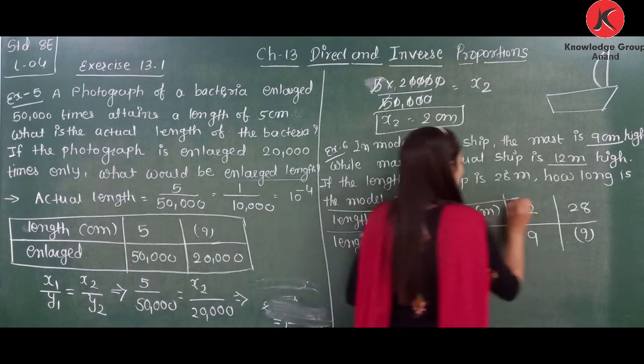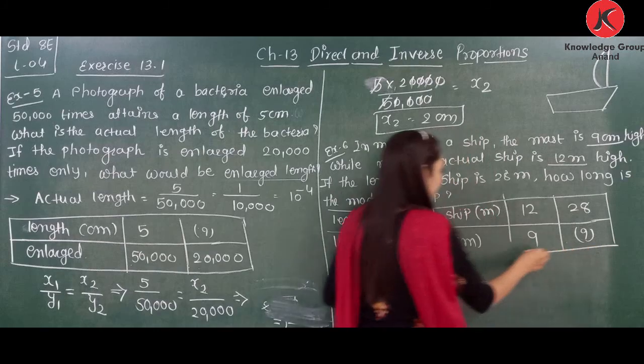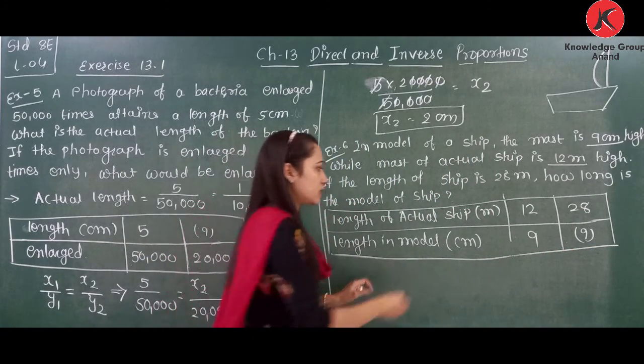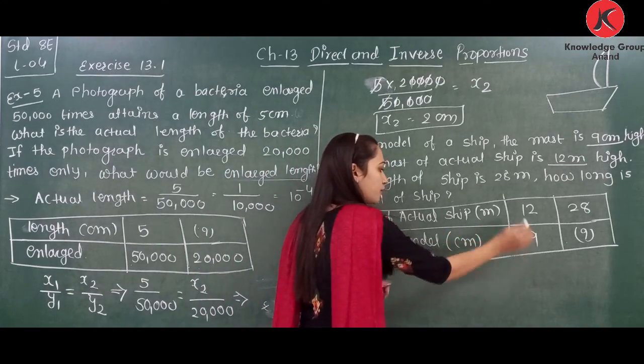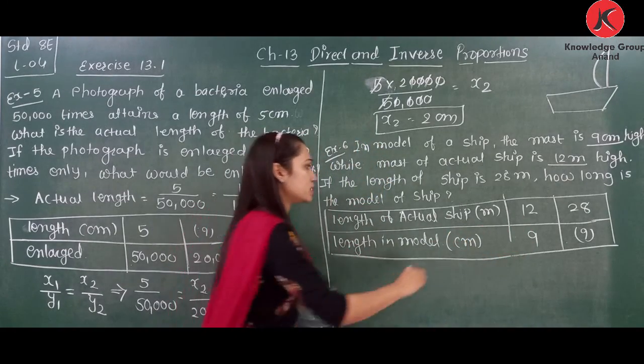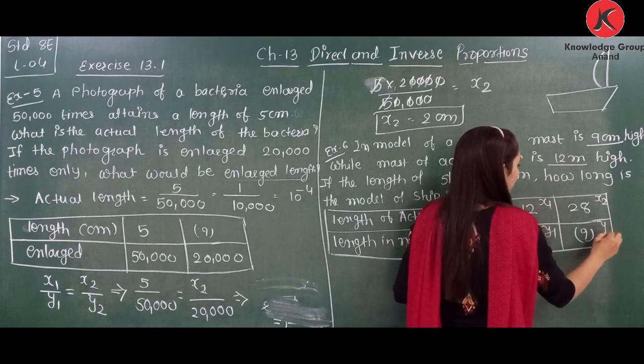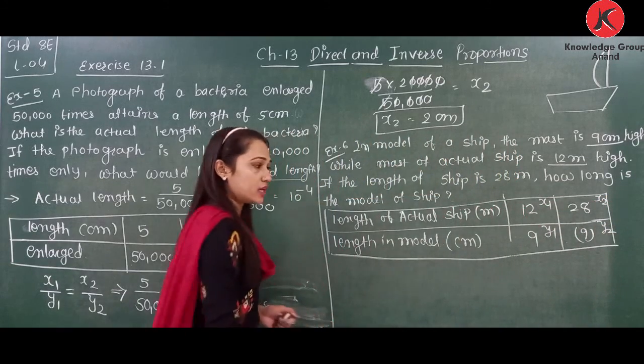Here you can write model as x and actual length as y, then it is also correct. Here I consider this one as x and the model as y. So here this will be our x1, y1, x2, y2. Now it is in direct proportion.